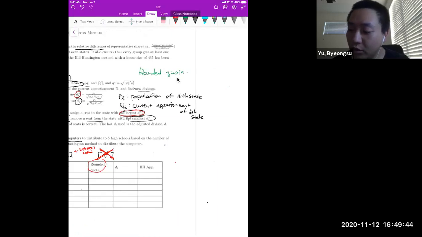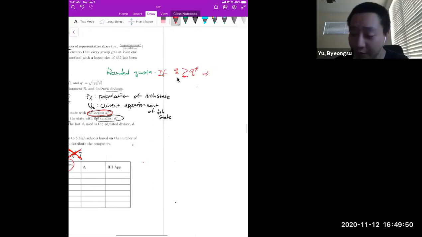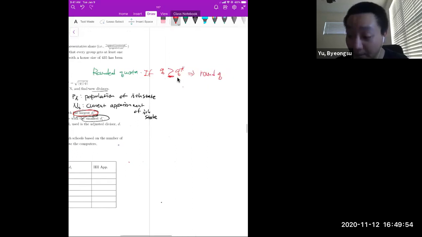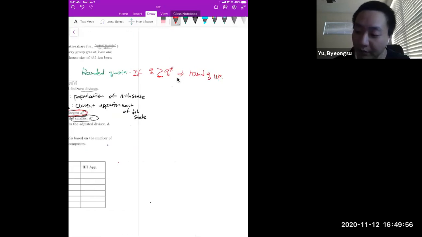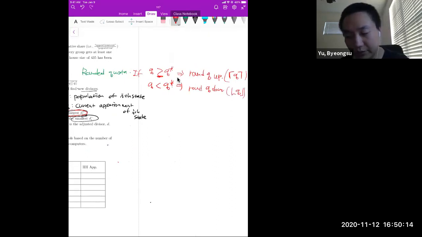If your exact Q is greater than or equal to Q star, then round Q up. But if Q is less than Q star, then round Q down.